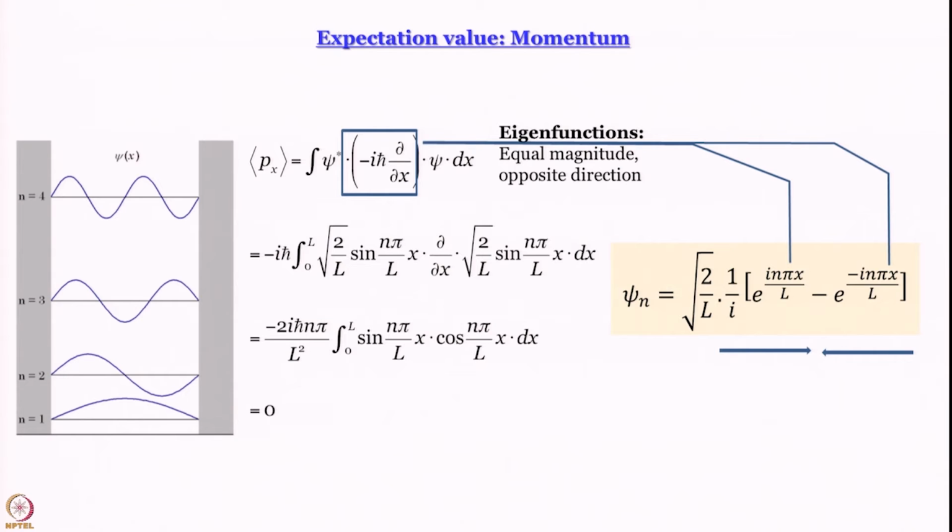Remember, linear momentum is a vector, it does have a magnitude, but direction is also important. So what we are saying is that it is equally probable to find the particle moving in this direction and that direction. If you make 5 lakh measurements, 2.5 lakh times you will see the particle moving in this direction, 2.5 lakh times you will see the particle moving in that direction, same velocity and therefore same speed.